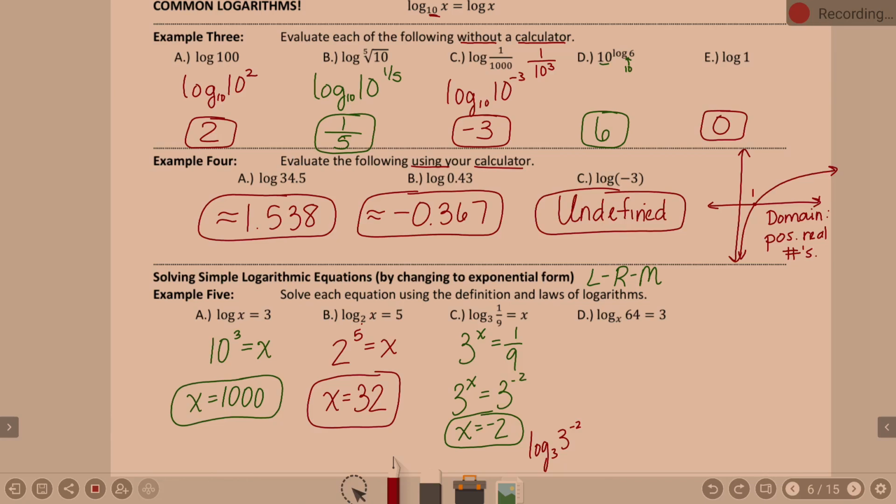Okay, D. Log base x of 64 equals 3. X to the third equals 64. Left, right, middle, x to the third equals 64. Okay. Cube root.